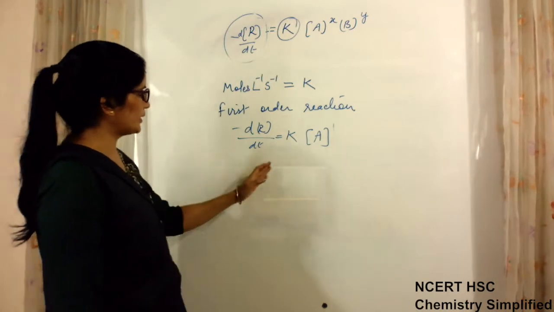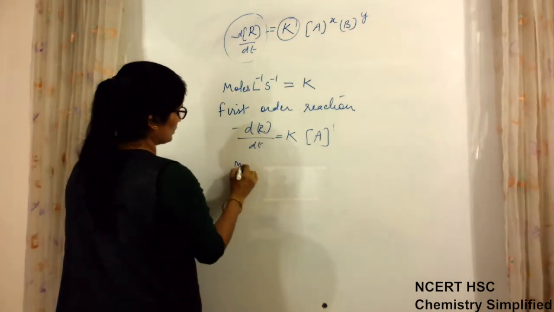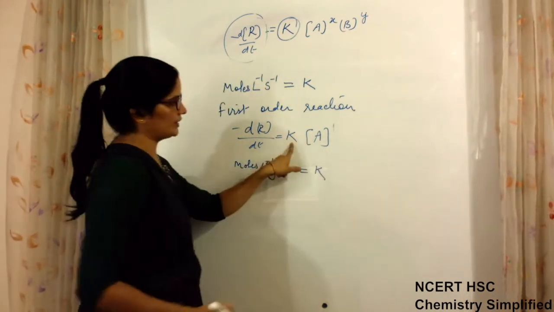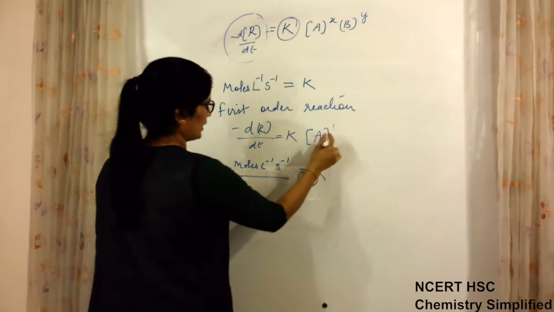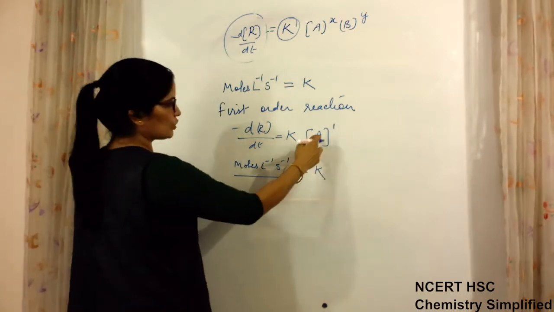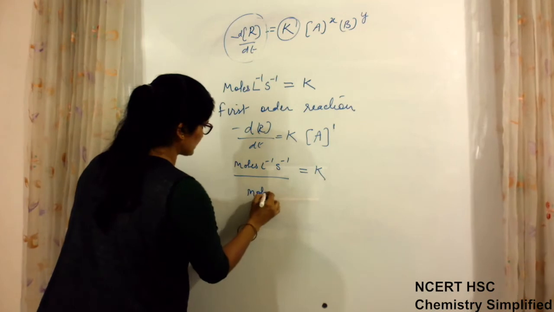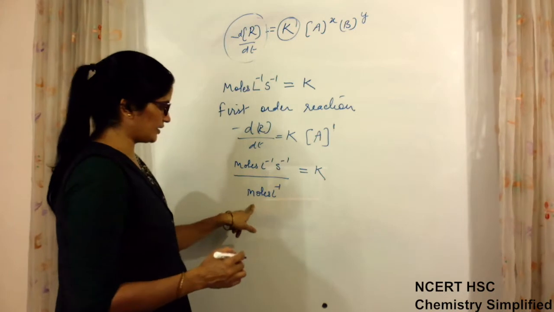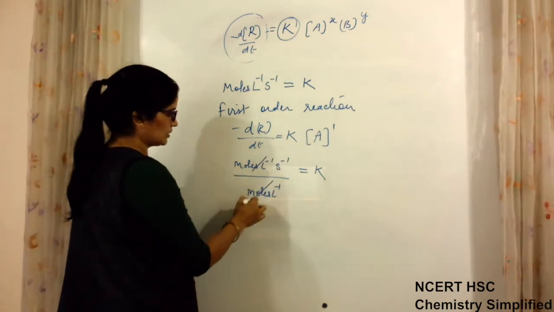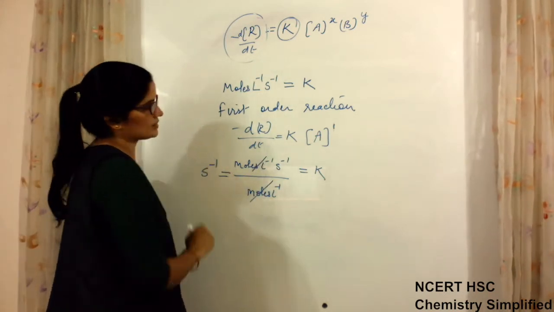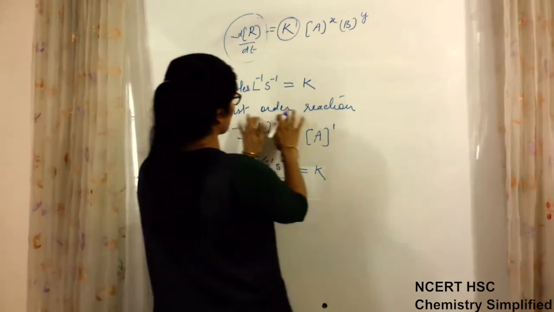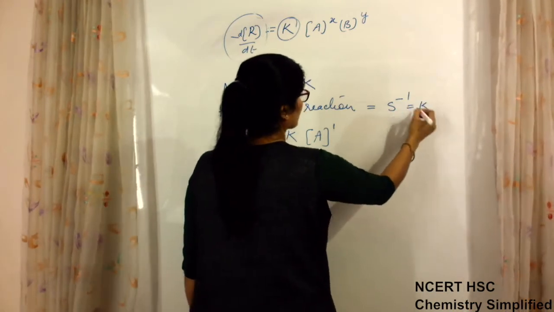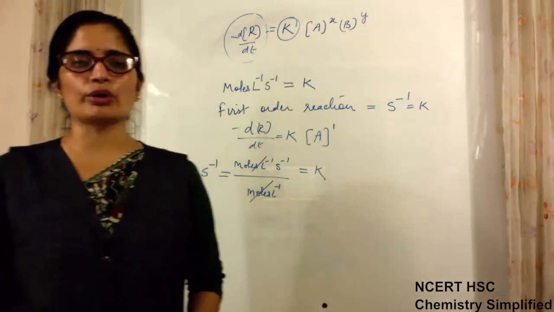Now the unit for rate is moles liter inverse second inverse, and k we have to find out. Now this is a raised to power 1. A is concentration which will be written in moles per liter. So the unit of this I have written as moles per liter, and what is left is second inverse. So the unit of the rate constant k for a first order reaction is second inverse, and it is very important to know these units.